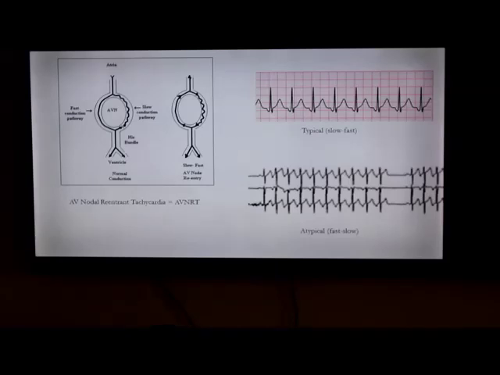The signal goes from the atrium to the ventricle by the slow pathway, giving a normal QRS, then goes up the fast pathway, so the atrial signal comes very quickly, often inside the QRS. For typical AVNRT we don't usually see P waves because they are inside the QRS, due to very fast conduction.